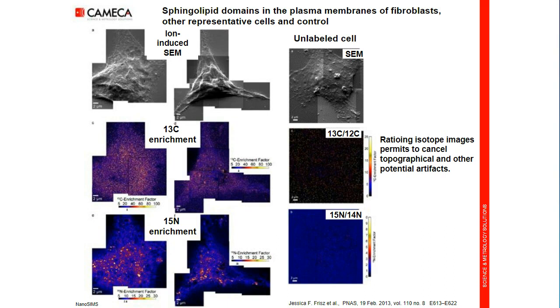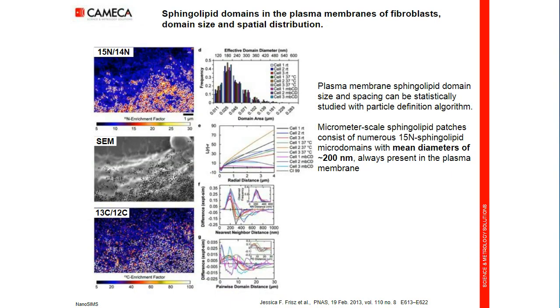And one thing to mention is that it is very useful, again, to have this internal standard and validity given by the embedding resin. In a following step, a detailed statistical analysis of the size of these small sphingolipid domains has been performed, revealing a mean domain diameter of 200 nanometer in the plasma membrane.